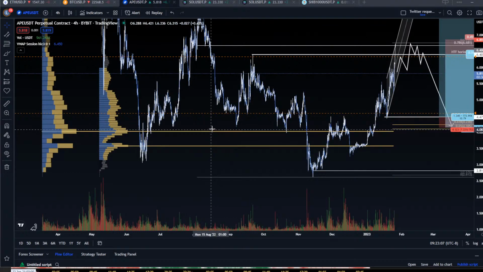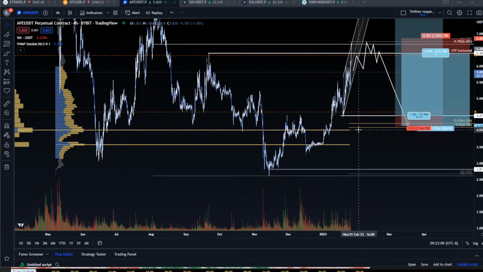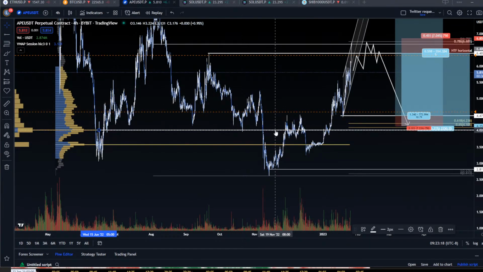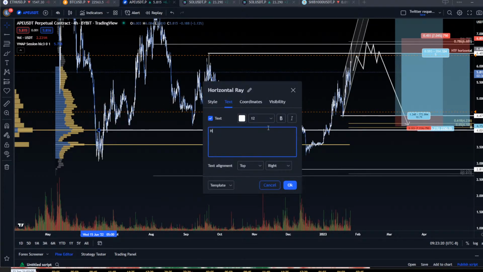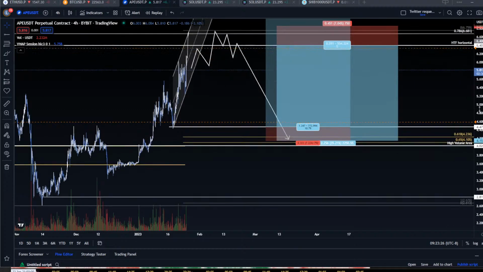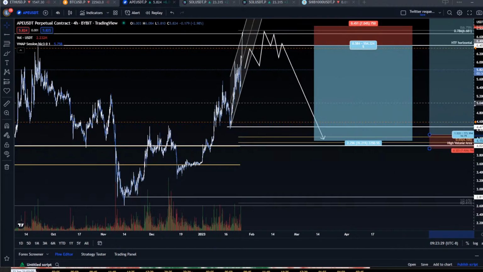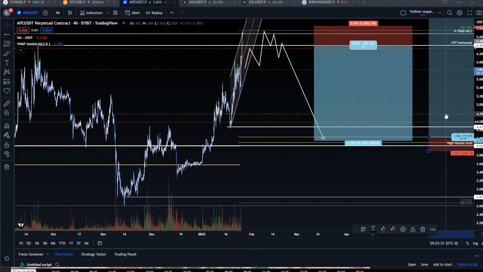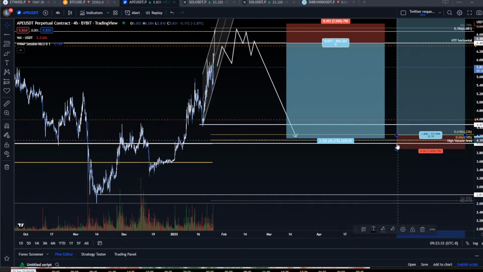It's worth noting that the point of control is coming right in at the bottom of the golden pocket. This isn't the local point of control, but it's pretty darn close. It'd be nice to get a little bit tighter here.